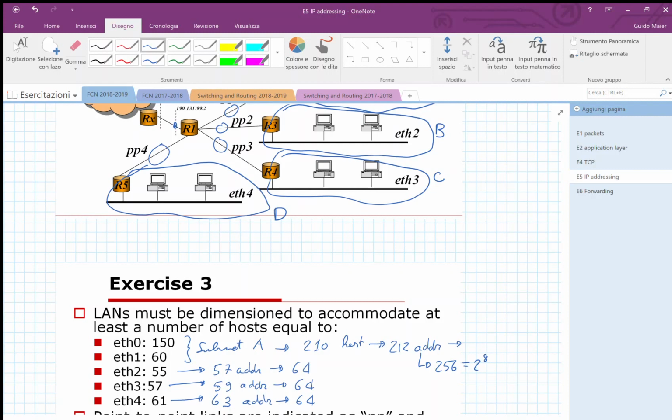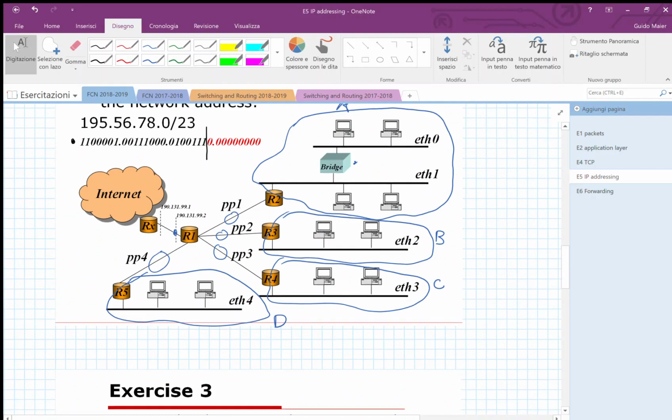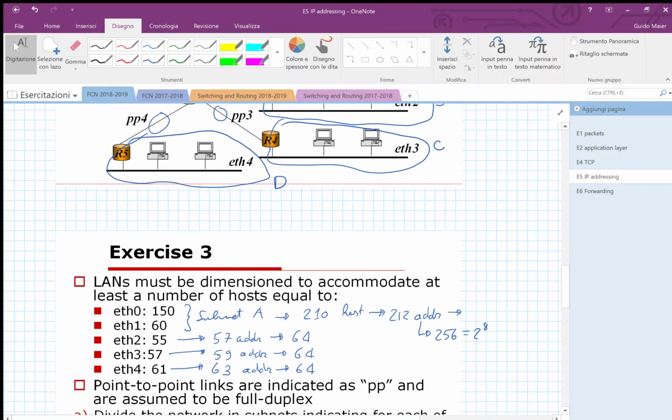So actually here we should increase all this count by 1, because all these subnets A, B, C, and D have just one router. So here we should actually have 58. This should be 60. This should be 64. But in any case, you see that 64 is always enough.